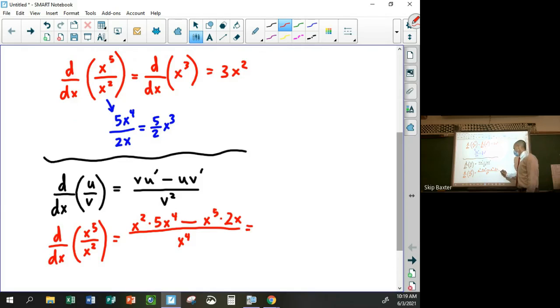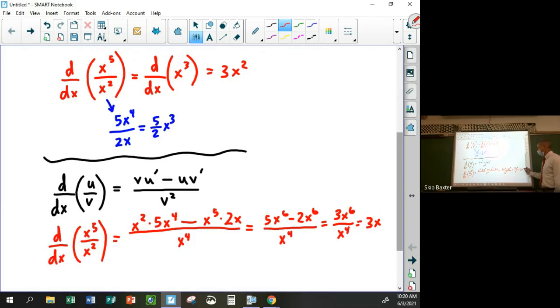So this ends up being 5x to the sixth minus 2x to the sixth over x to the fourth. So this is 3x to the sixth over x to the fourth, which simplifies when you subtract exponents to be 3x squared. And that's exactly what we got up here, 3x squared.